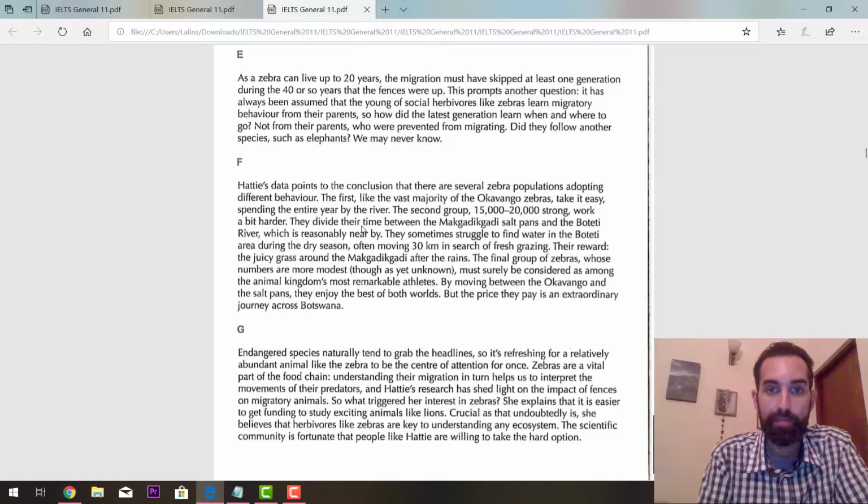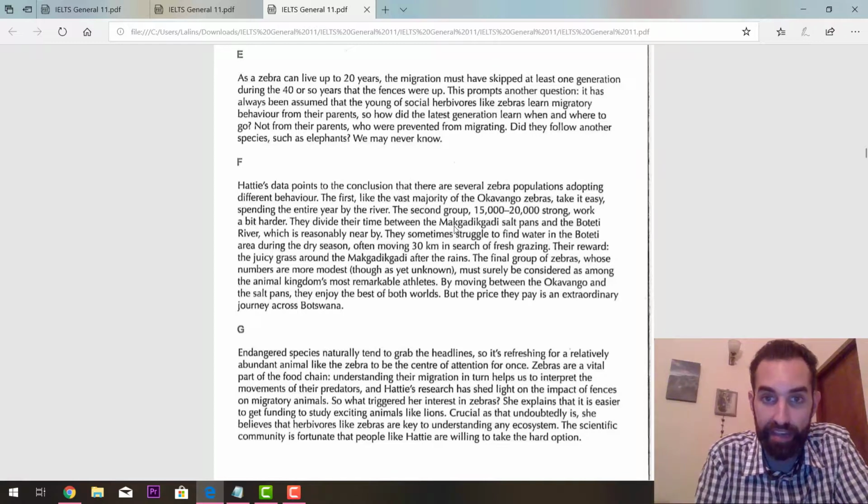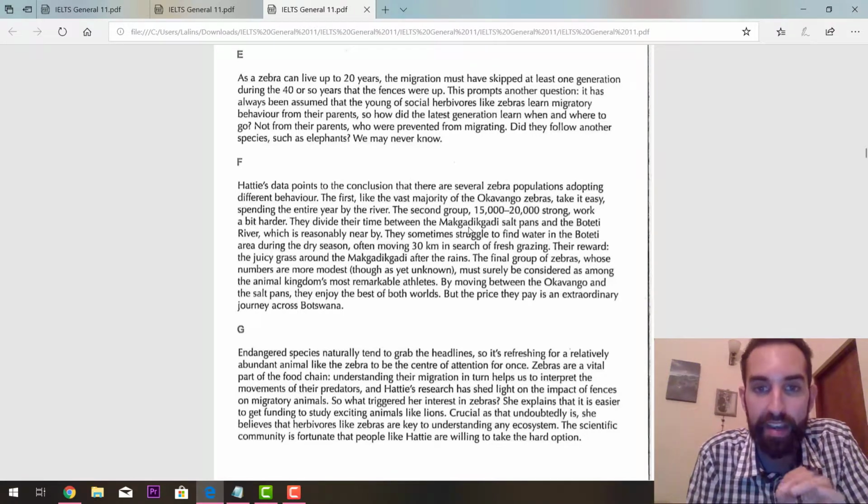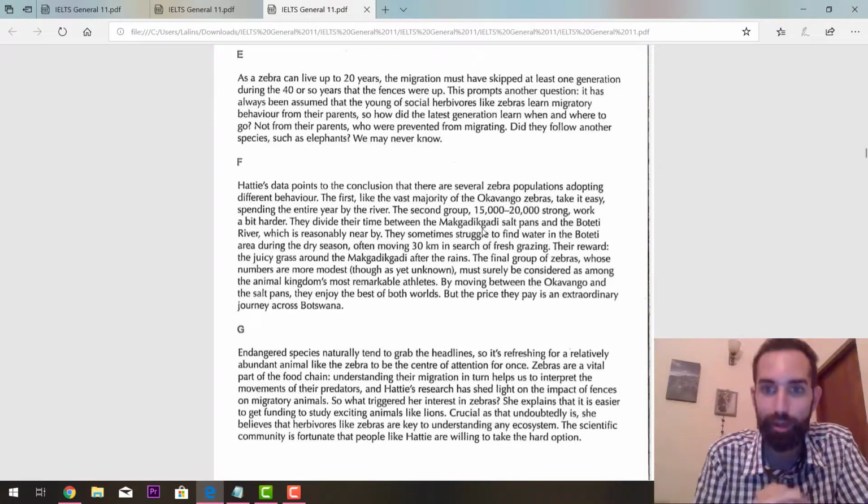They divide their time between the Makgadi salt pans and the Boteti River, which is reasonably nearby. They sometimes struggle to find water in the Boteti area during the dry season, often moving 30 kilometers in search of fresh grazing. Their reward?